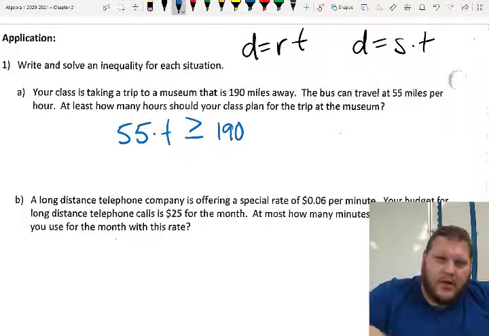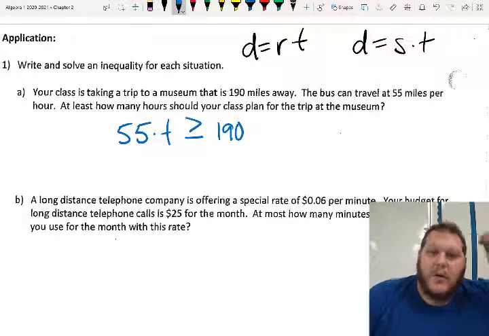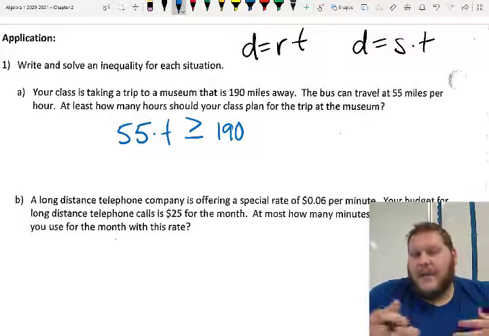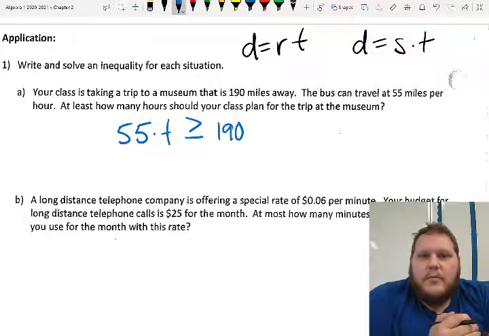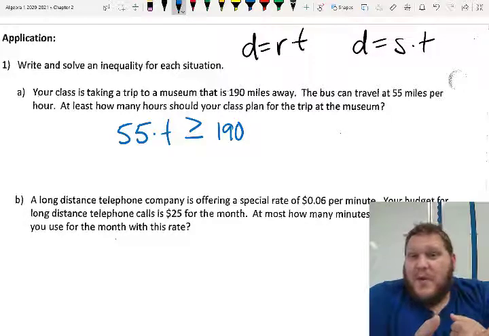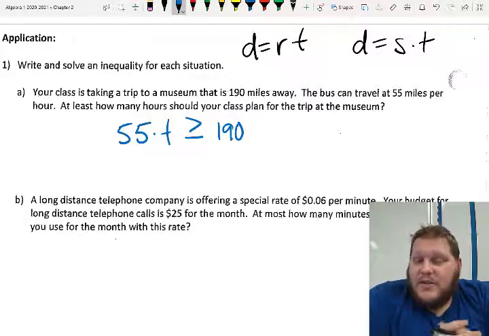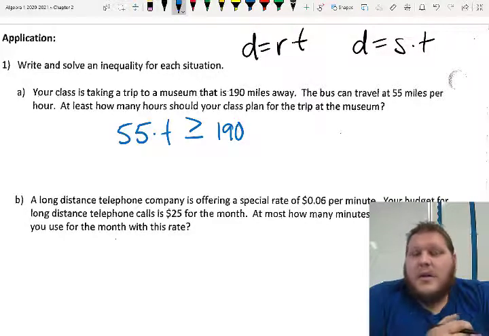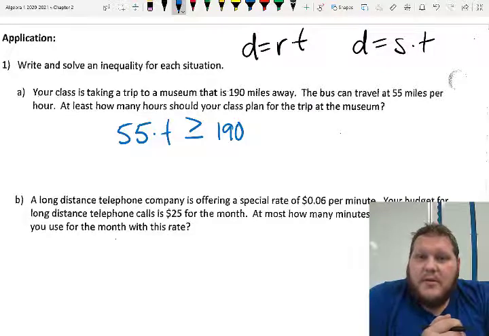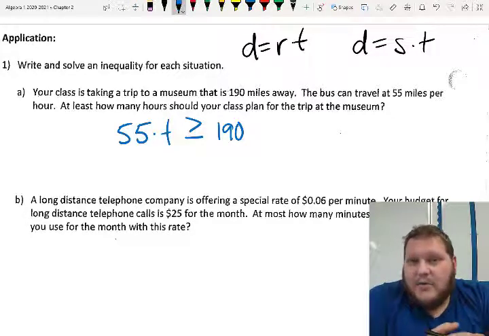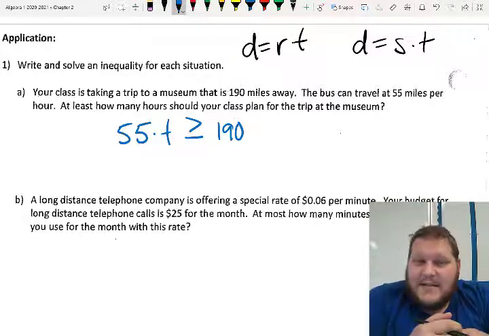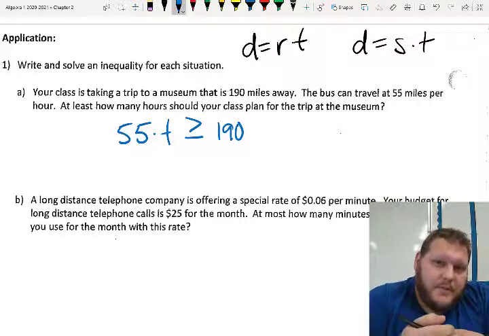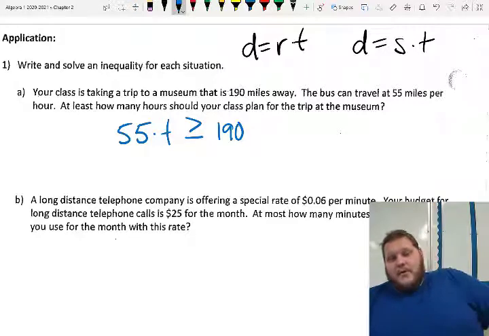If we go south and then east, we're not taking a direct path, but we're taking some more cardinal directional roads and stuff. It might be a little bit longer of a trip. Maybe it takes us 200 miles to get there instead of 190 miles. But we know that it's not going to be possible to get there in fewer miles because 190 is the exact distance from our school to the museum. So that's the inequality you have to set up for that one.